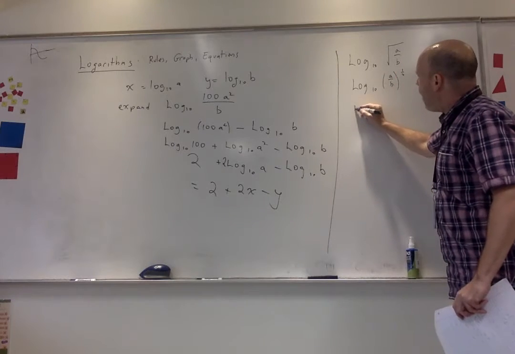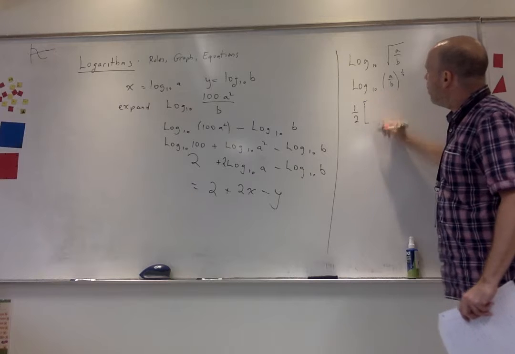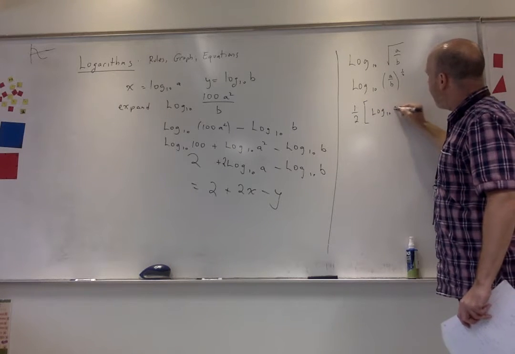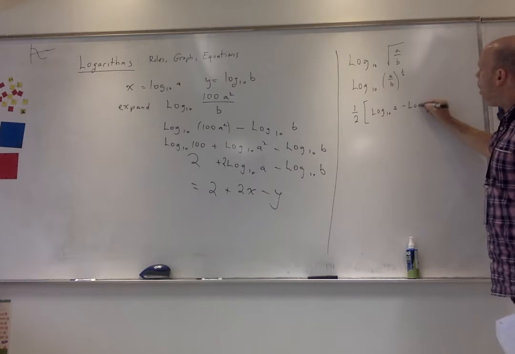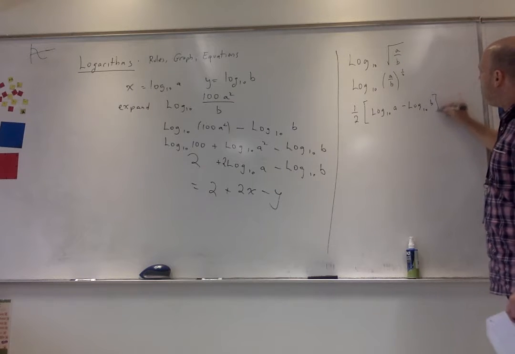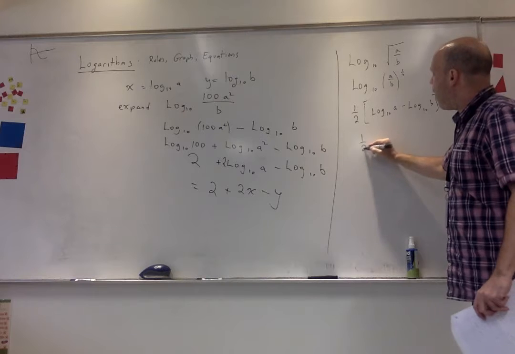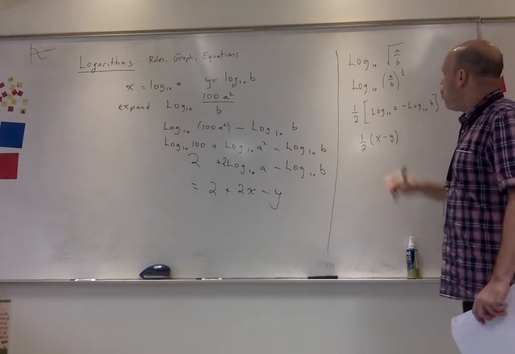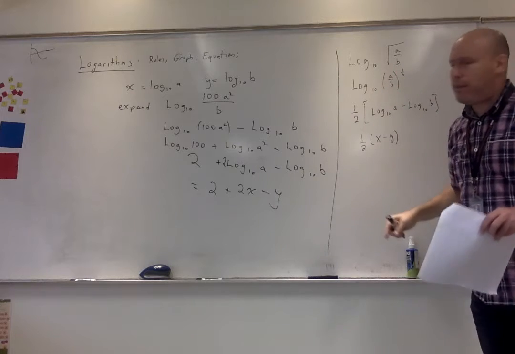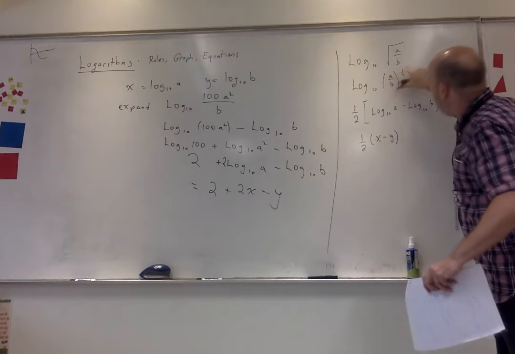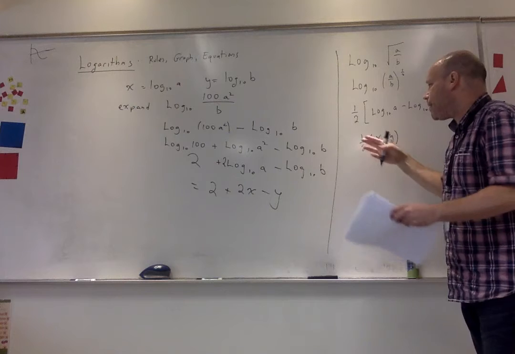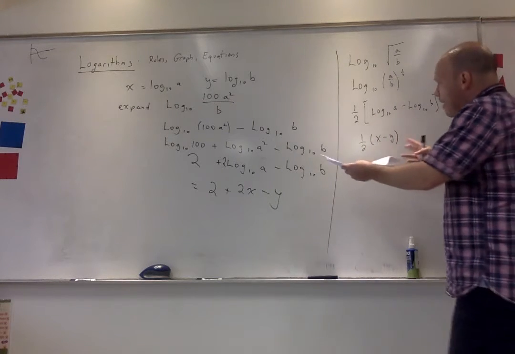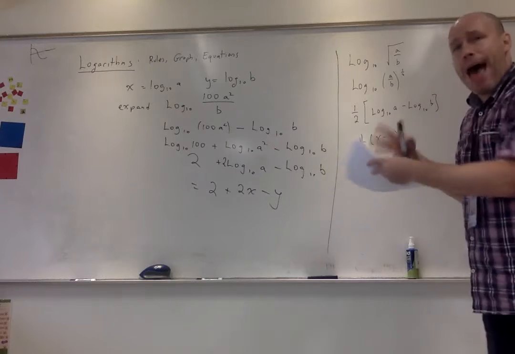You might put the 1/2 in front, and then subtract log base 10 of a minus log base 10 of b, and so you have 1/2 times x minus y. You could have applied the 1/2 to both, 1/2 to the a, 1/2 to the b. It's up to you, but this is the idea of expansion. If we can expand it out, then we can pull it back together.